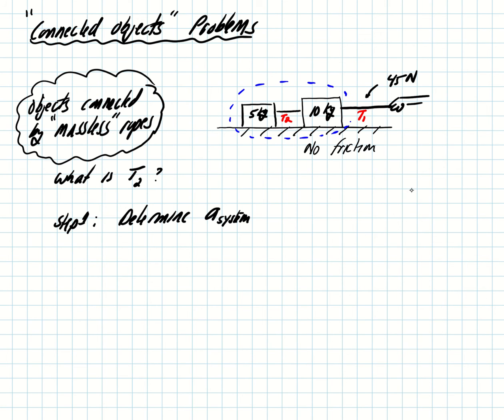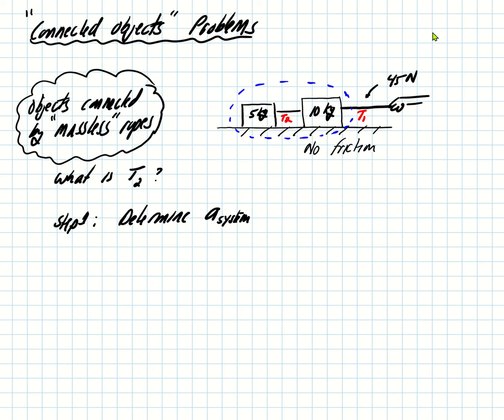So just imagine that all of that stuff is just one thing. In other words, we're going to ignore the fact that there's a string between the 10 kilogram object and the 5 kilogram object, and we're just going to say, hey, you're pulling on a rope that causes the rope to pull on 15 kilograms of mass with 45 newtons.